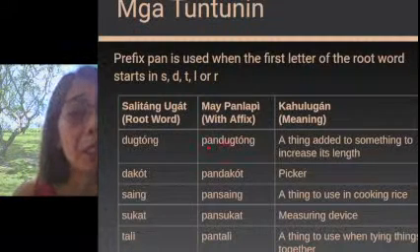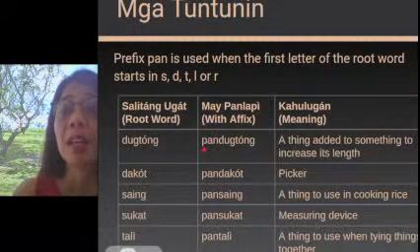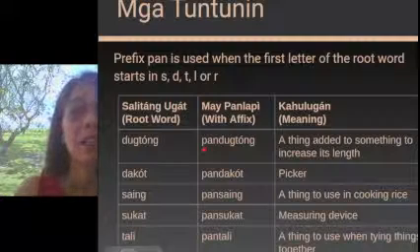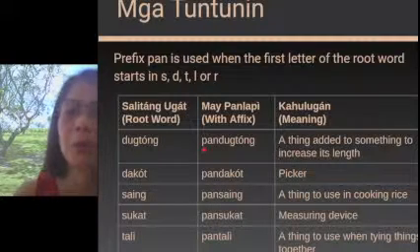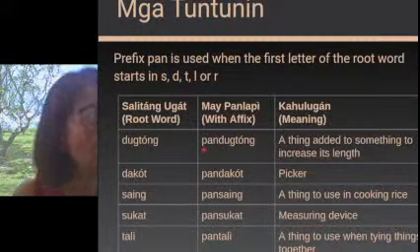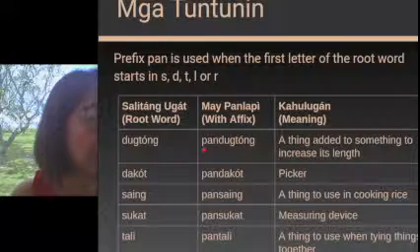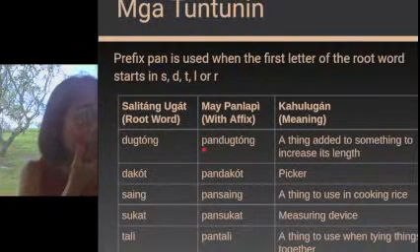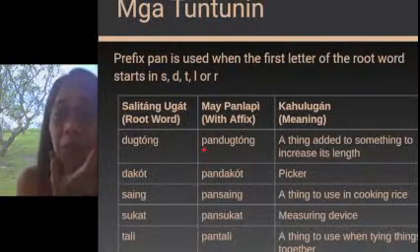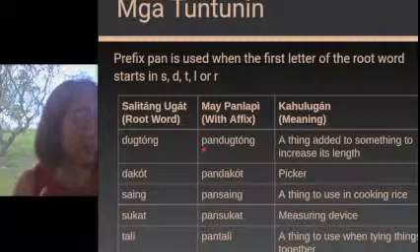So you see, instead of saying pang, you use the n instead. Why pang, pam, pan? It depends on the first letter of the root word. The idea is for easy gliding of the tongue and the lips, the parts of our mouth used in speech.